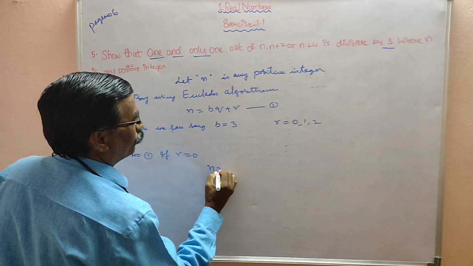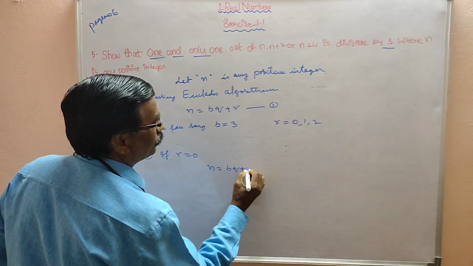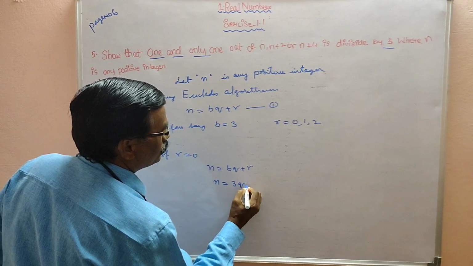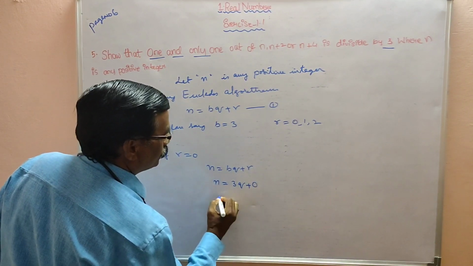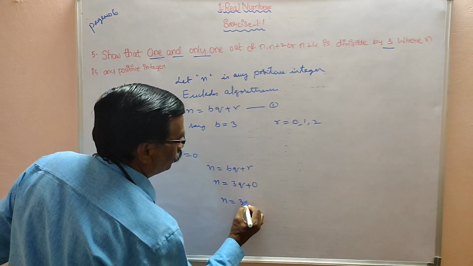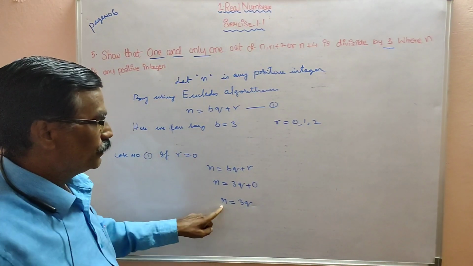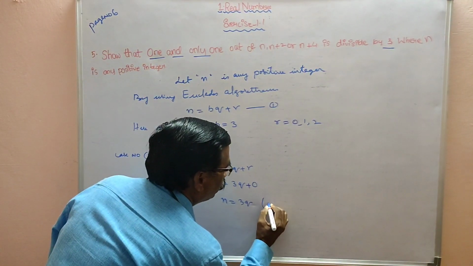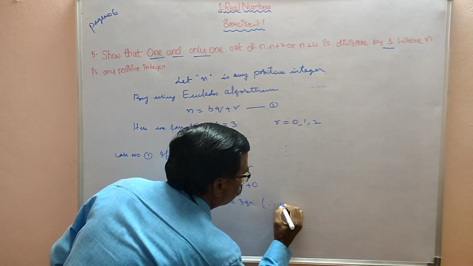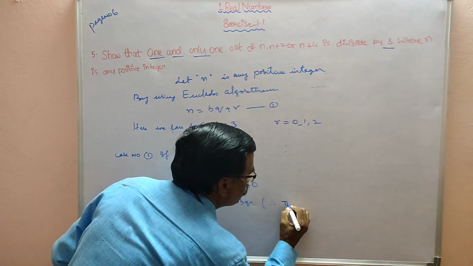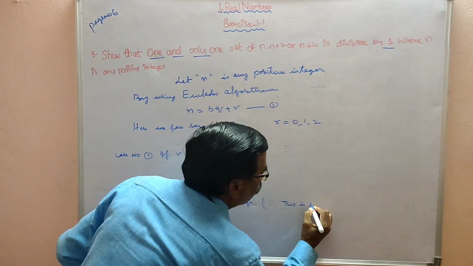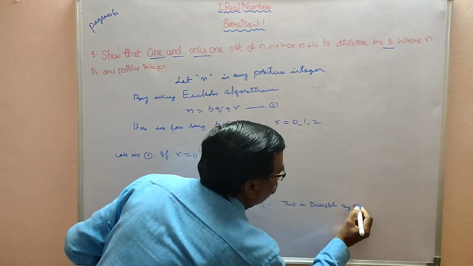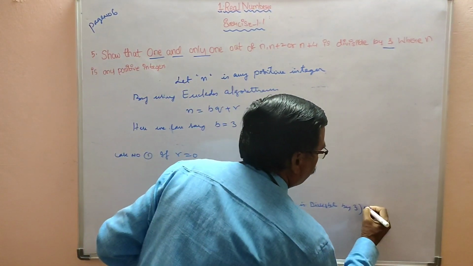So n equal to finally 3q. See here n equal to 3q is there. So this is divisible by 3.